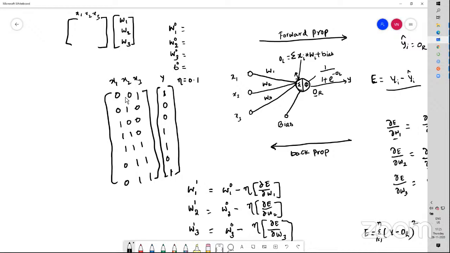Now this matrix is 7 by 3, 7 rows by 3 columns. And this is a matrix with 3 rows and 1 column, 3 by 1. So we would get a matrix of 7 by 1.